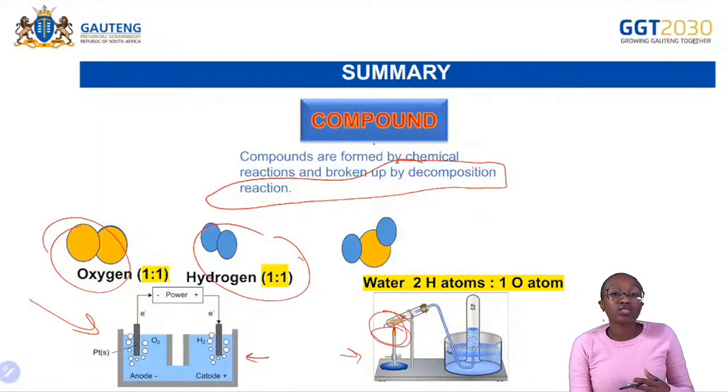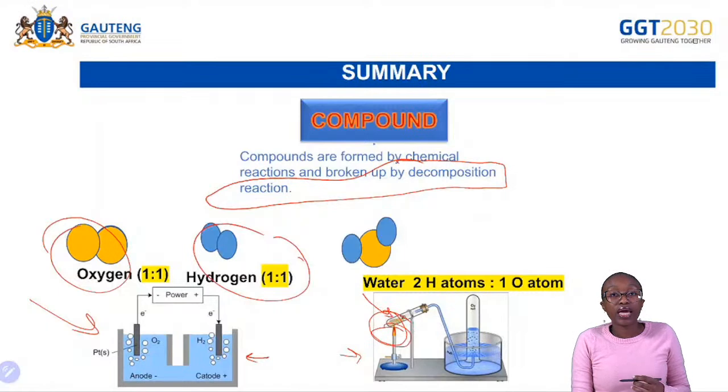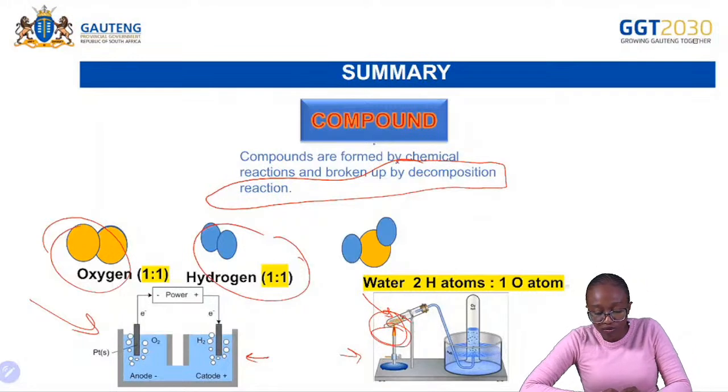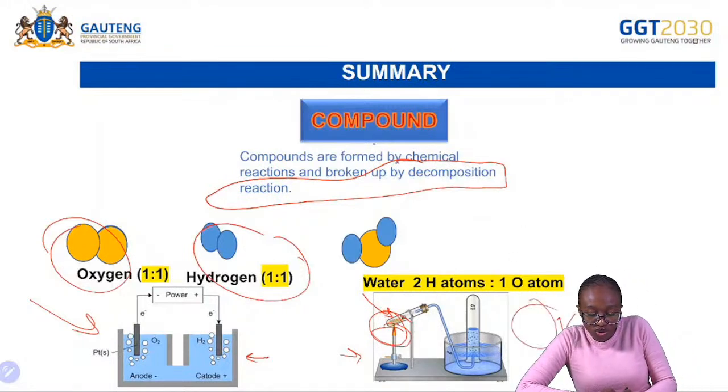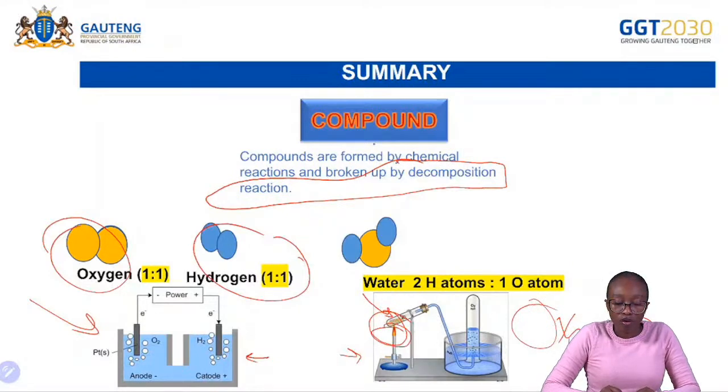The compound is exposed to heat, then it breaks down into its elements. We gave an example of potassium permanganate, that when you heat it, you decompose it, and one of the products is oxygen.